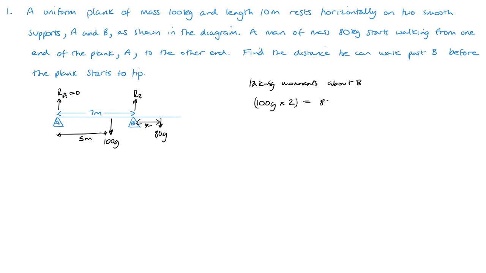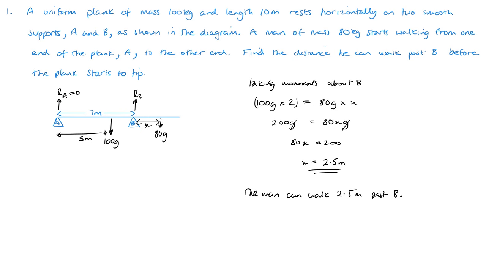And then the 80g is times by X. So we get 200g equals 80Xg. Now the g's will cancel, leaving me 80X equals 200. Therefore X is 200 divided by 80, which is 2.5 meters. So the man can travel 2.5 meters past B. And there we have the first question done.